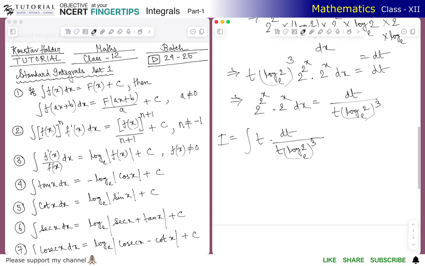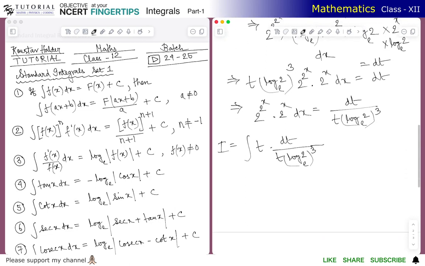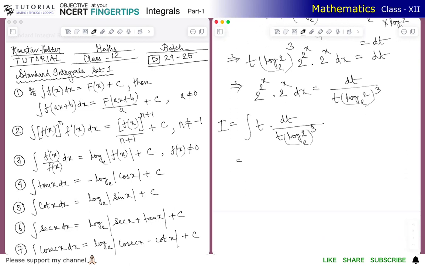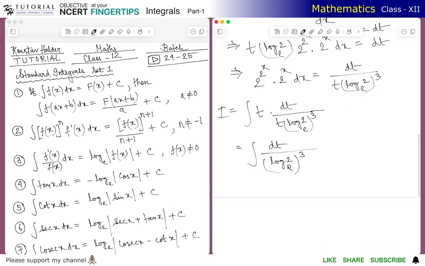I hope I am right. So t cancels out, and this is a constant.